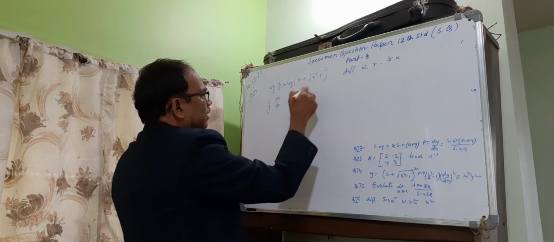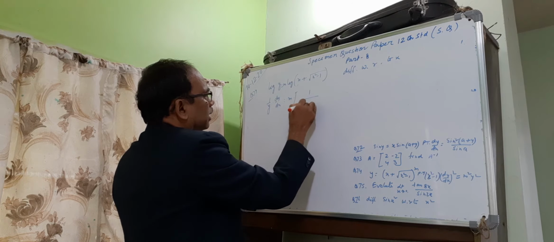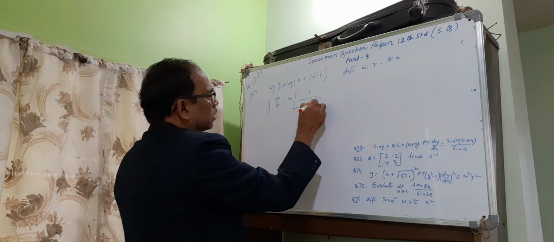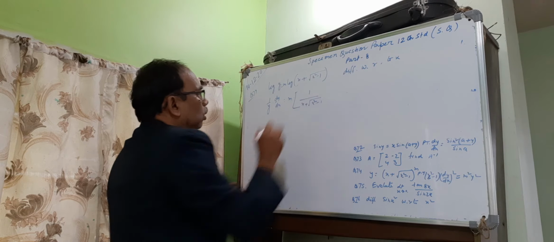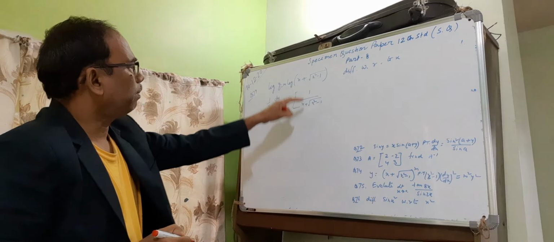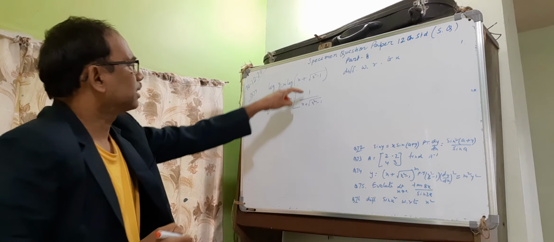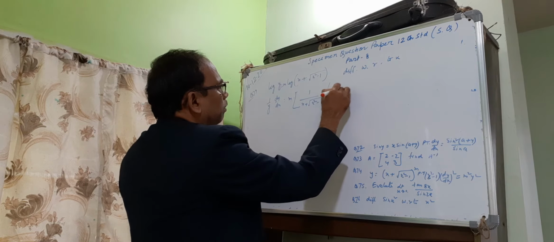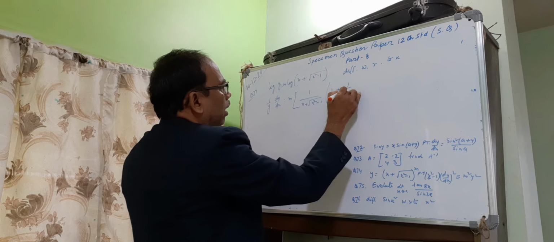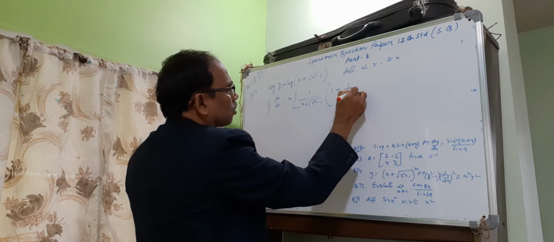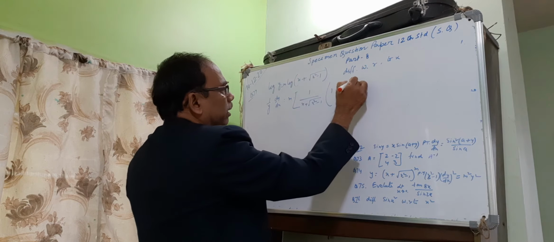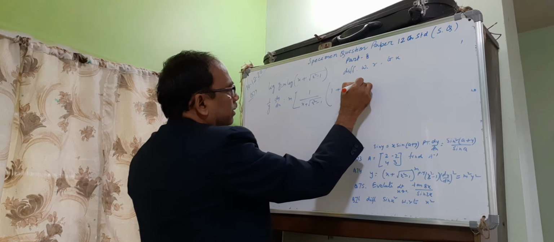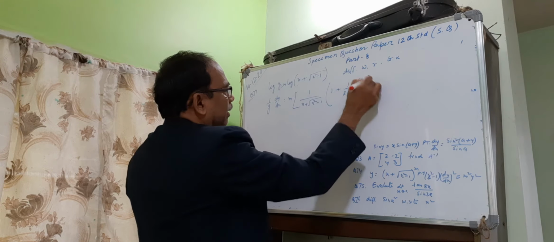of x plus root over x square minus 1. Log x derivative is 1 by x. Then by chain rule, x derivative 1 plus root x derivative 1 by 2 root over x square minus 1, then x square derivative is 2x. 2 cancels.